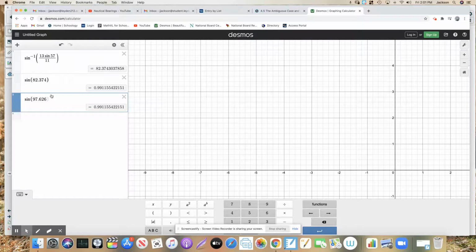So how can two angles have the same sine value? That's a different discussion for a different day. A lot of it depends on your understanding of the unit circle, which you may or may not have seen at this point. Okay, so we have two angles that produce the same sine value.